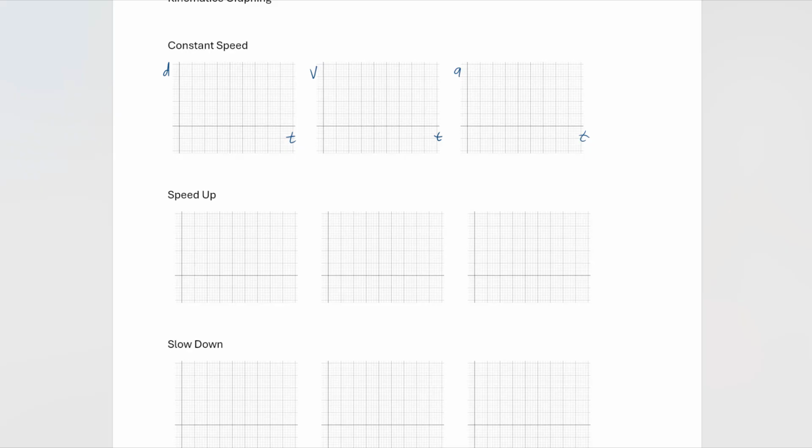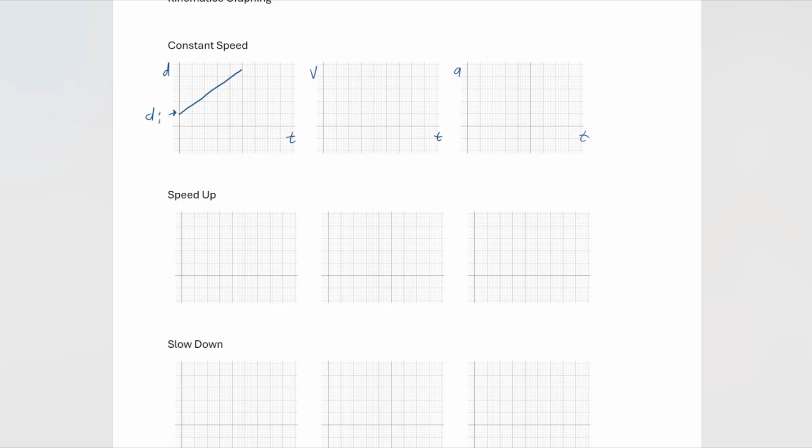And if something's going at a constant speed, right, it may or may not start from rest, may or may not start at the origin, but if it's going at a constant speed, we're going to have a straight line here. This point here, this is the y-intercept. That's like the initial position that it starts at.